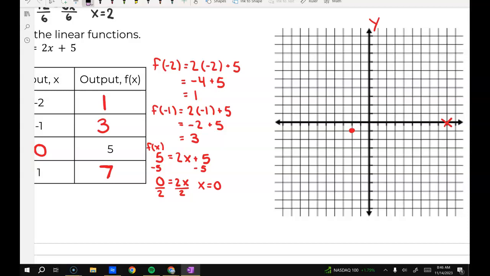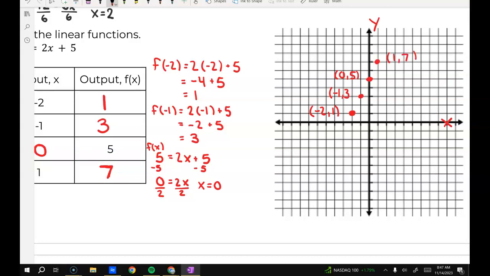It's +1. That's -2, 1. We go over 1, then we have to go up 2 more. So that's -1, 3. We're at 0, 5, so that's right here. And 1, 7 is up here.